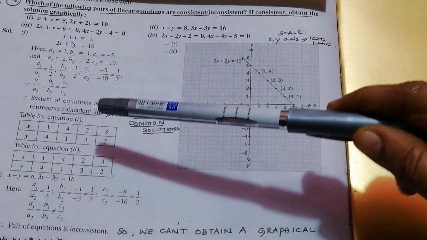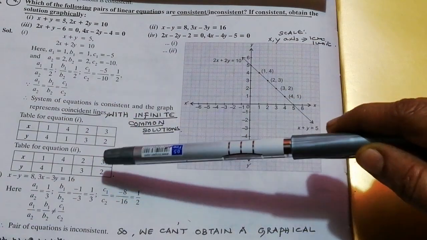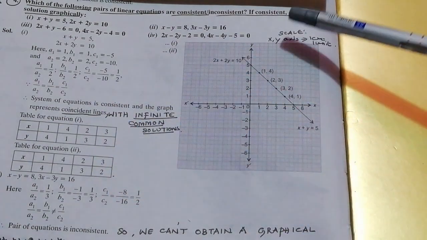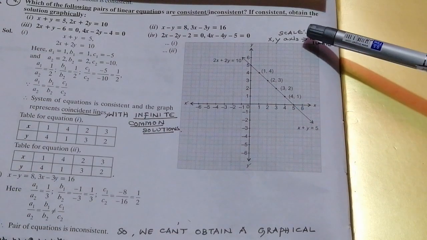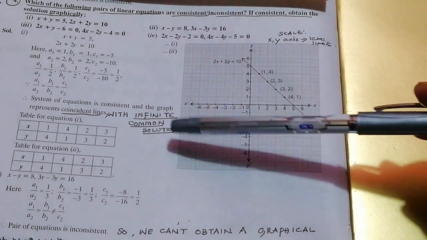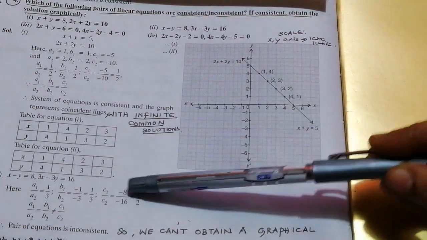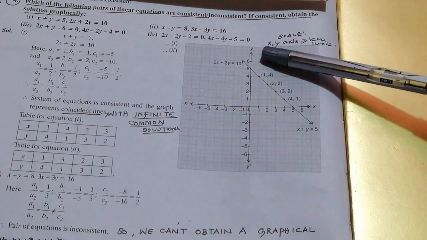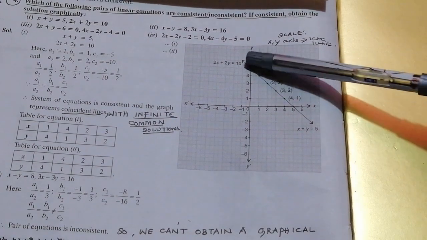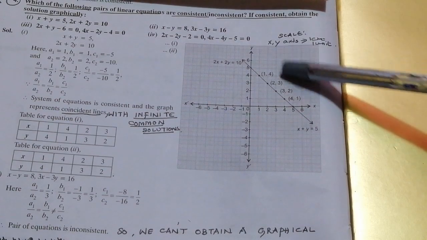So we construct table 1 from equation 1 and table 2 from equation 2, and as usual we have to keep in mind to fix the apt scale, and mark all those points. You can observe both the lines are coinciding, overlapping and merging with each other, and these are called coincident lines.